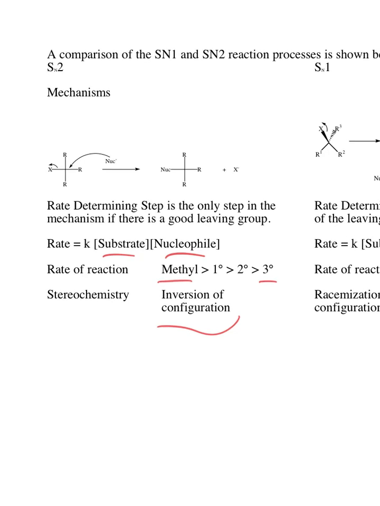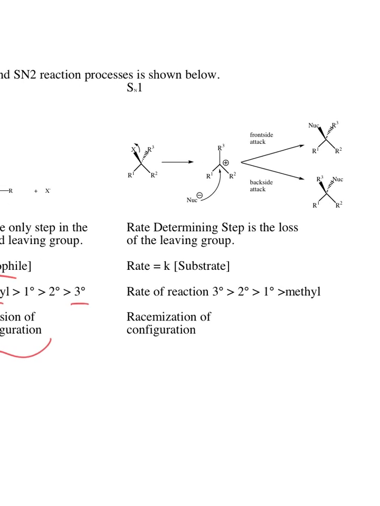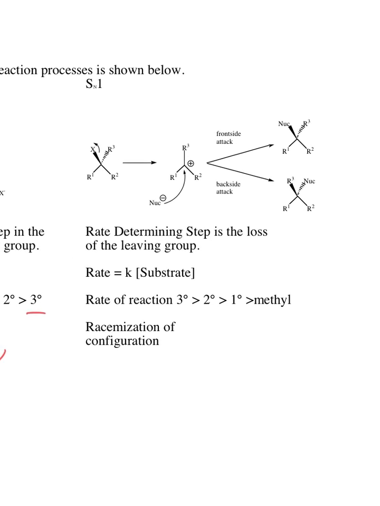Okay. In the other one, the SN1 reaction, the rate determining step is the loss of the leaving group. So the first step, so the rate of the reaction is only equal to the concentration of the substrate, and the solvent doesn't matter. The nucleophile doesn't matter. And the rate of these reactions is tertiary is the fastest, on down to secondary, primary, and the methyl. And methyl's not going to happen.